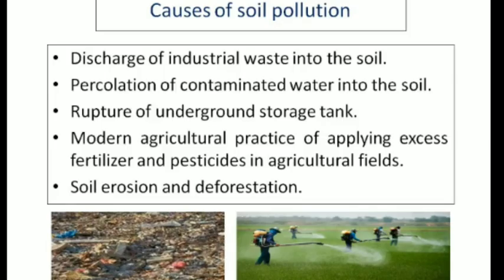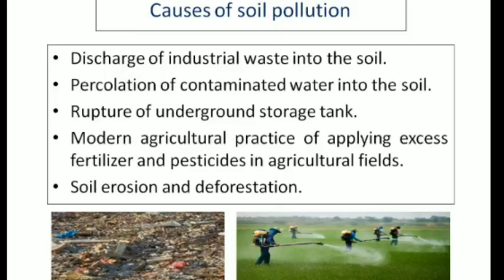Earthworm is considered to be a friend of farmers. So when excess pesticides kill the earthworm, naturally soil quality will be affected. For that reason, you should not use excess fertilizers and pesticides, and you should use only the required quantity.